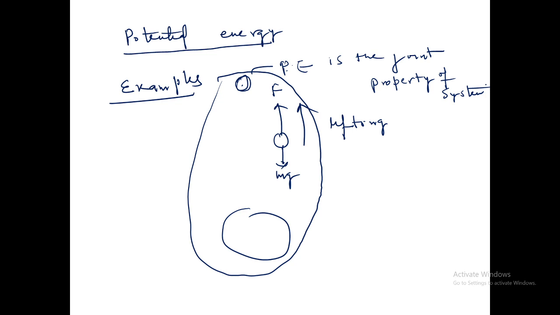Okay. Next example I would like to cite here. The water is stored at a height. Suppose this is water which is falling from a height. This is at height h, and this is water.